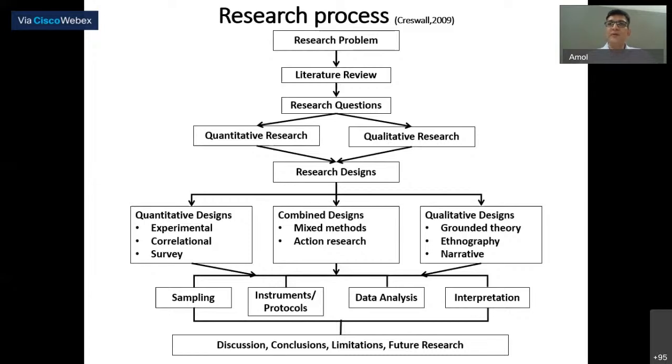And solving that problem in a scientific manner, by scientific manner I mean that we collect systematic data around that problem, we analyze it, we interpret it, and then we find a solution to it. That is called the scientific process.